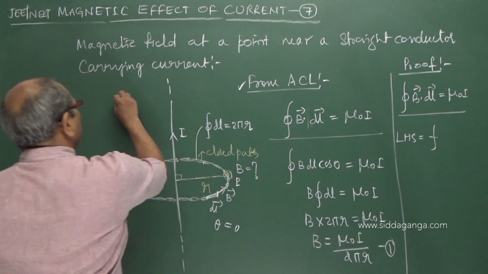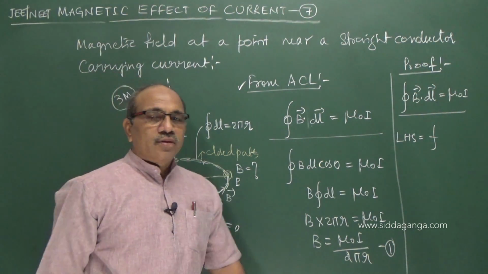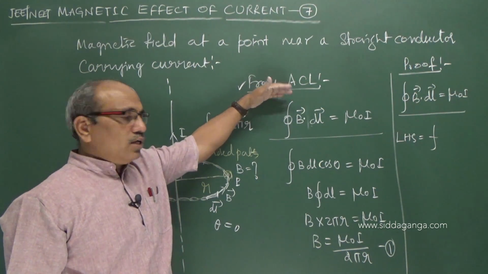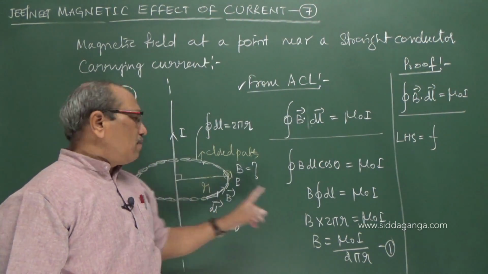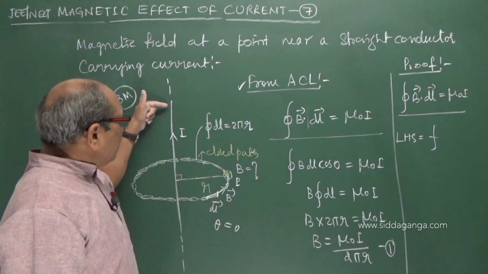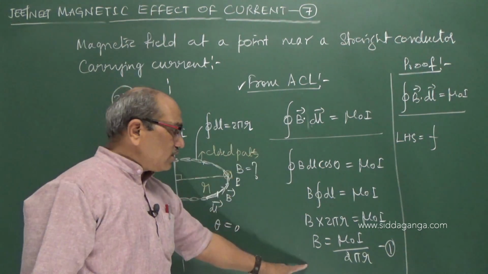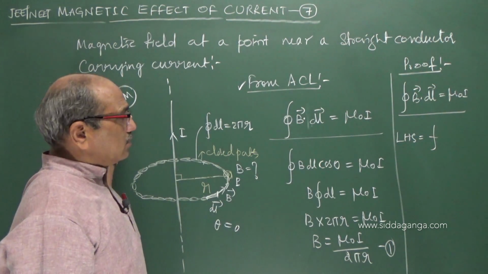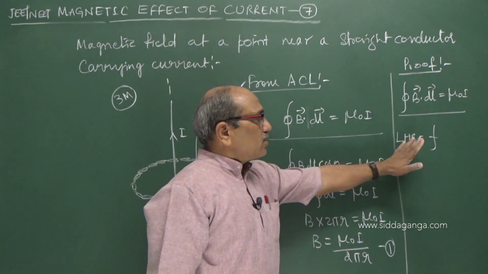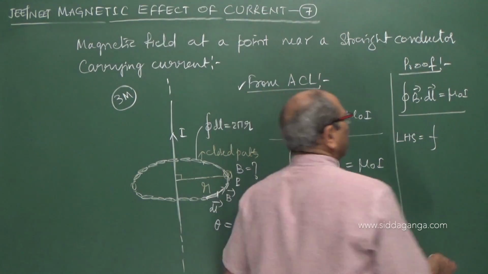If it is a 3 marks question in the board examination: state Ampere circuital law and obtain the expression for magnetic field near a point of a current carrying straight conductor. So you have to derive this, asked for 3 marks, an important question for the board exam. This is for your satisfaction; I am proving it in reverse order.